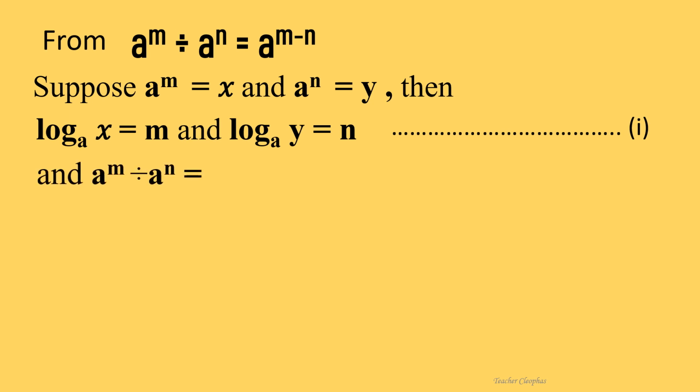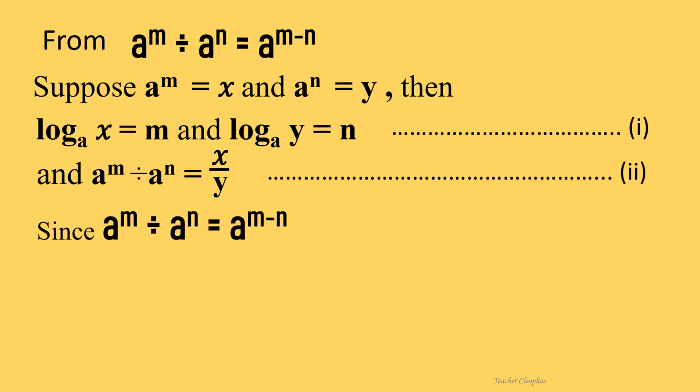And we would also have a power m divided by a power n being equal to x divided by y, since a power m equals x and a power n equals y. This is our second equation.